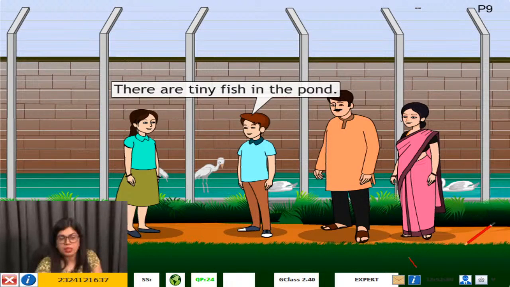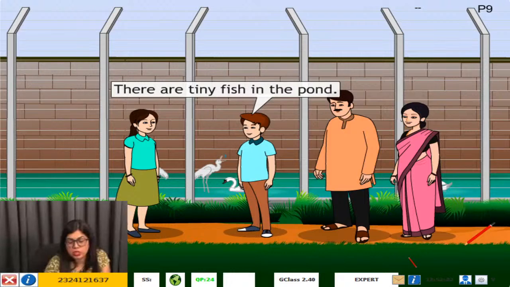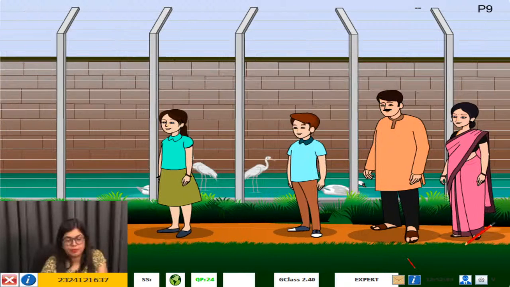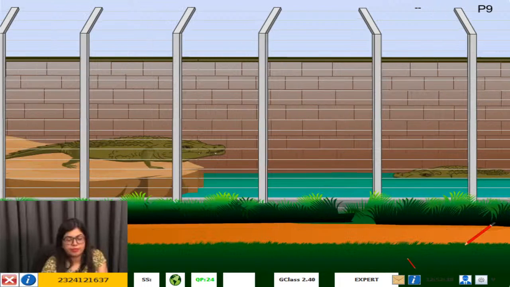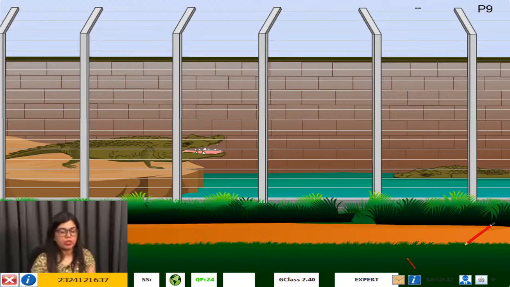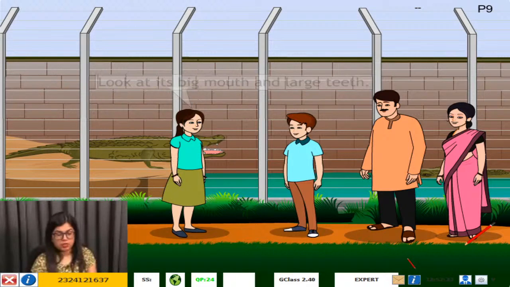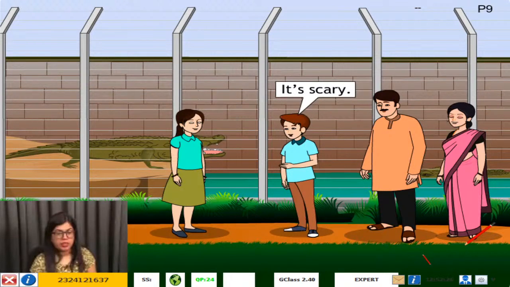Okay, the boy is saying there are tiny fish in the pond. Look, Daddy, what is that lying there? It's a crocodile. Okay, so he has seen a crocodile. See, the crocodile is lying on the ground. Look at its big mouth and large teeth. It's scary.